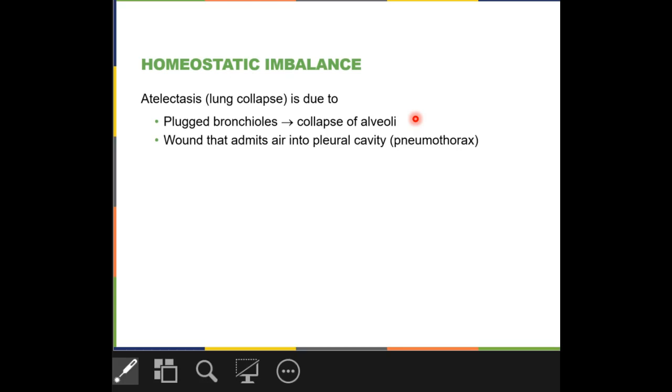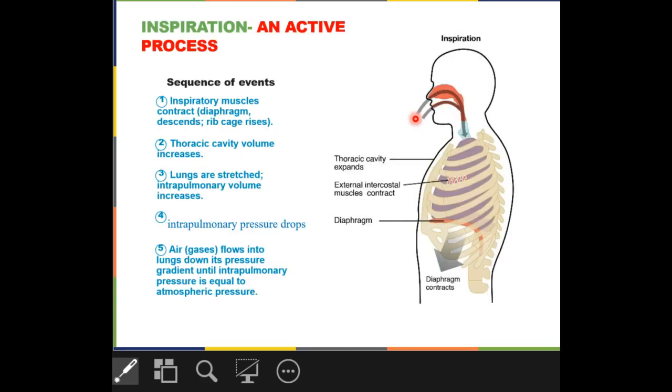So if your bronchioles are plugged, you can get air out, but then when you go to breathe in, atmospheric pressure isn't heavy enough to push through the plugged bronchioles, so you can't inhale.